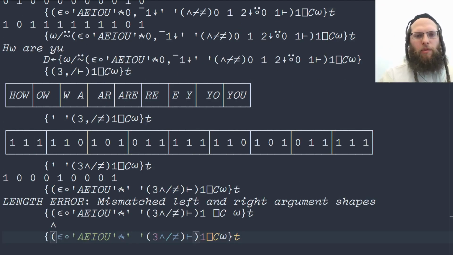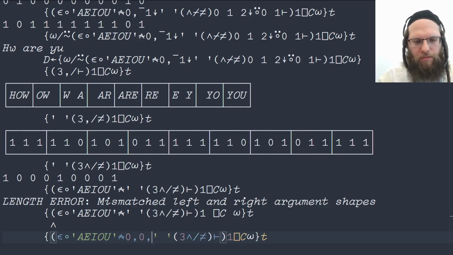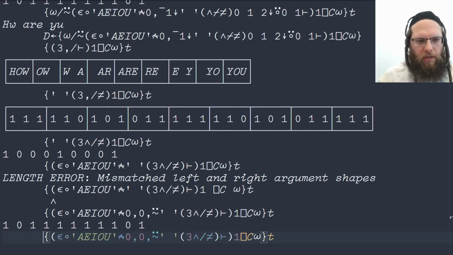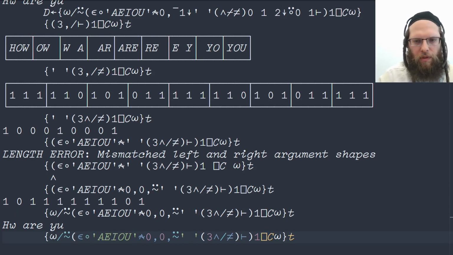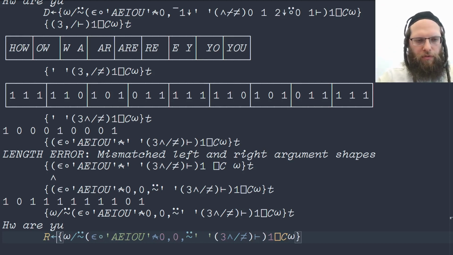Since we have sliding windows that begin at the very left edge, and we have sliding window size 3, that means that we don't have a corresponding element for the very leftmost and very rightmost letters. But we know that those are boundary letters, and so we can just supply those. That gives us our mask, and we're ready to do the compression just like we did before. Let's call this one R for reduction, n-wise reduction.